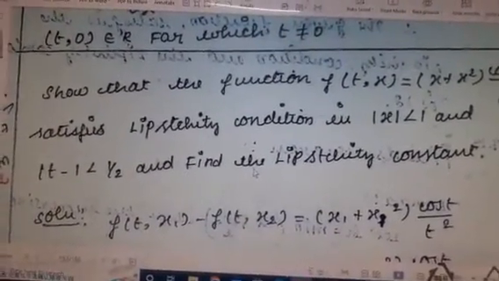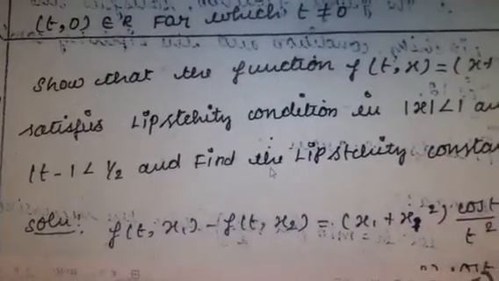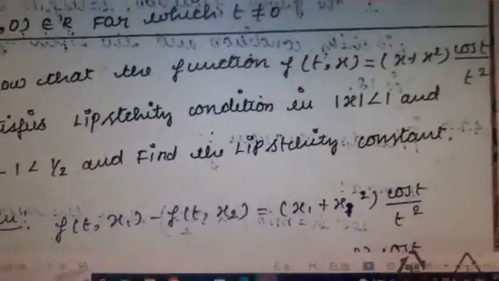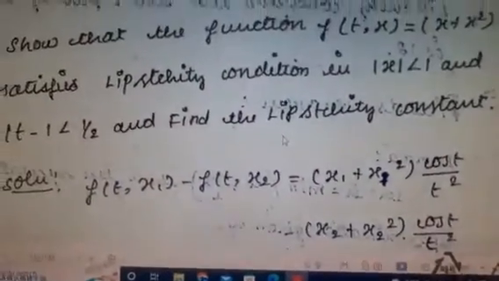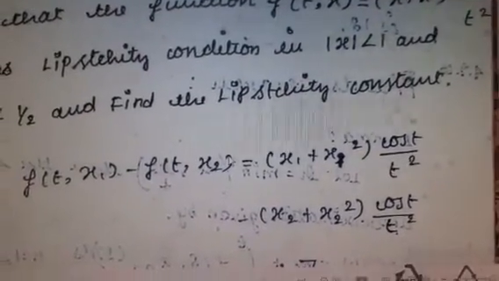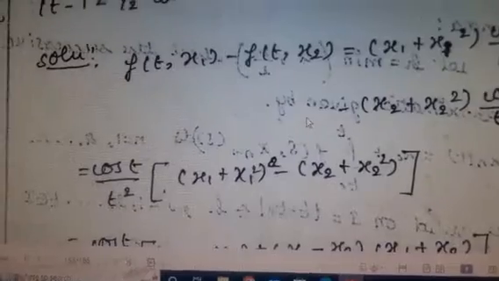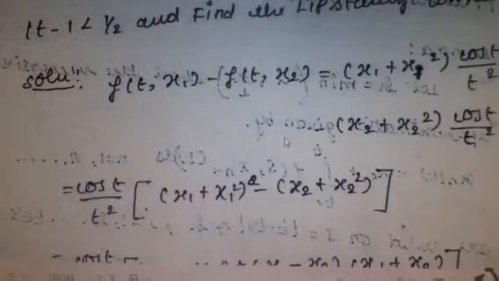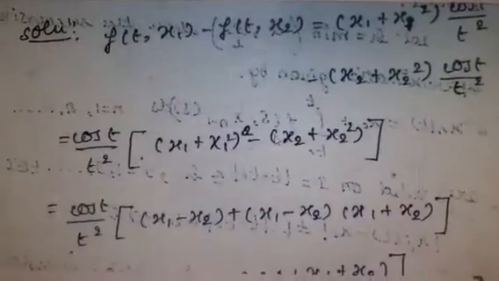Now we calculate this expression: f(t, x1) - f(t, x2) is equal to (x1 + x1 squared) times cos t by t squared minus (x2 + x2 squared) times cos t by t squared. Now we can simplify this by taking out the common element cos t by t squared times (x1 + x1 squared - x2 - x2 squared).